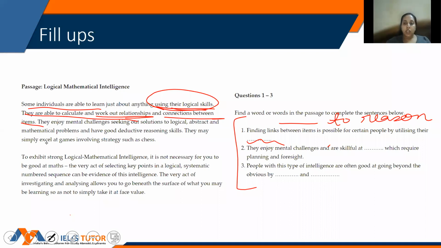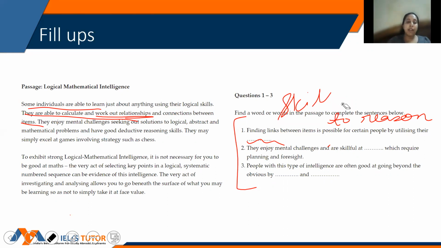Skills to reason. Now, sometimes in our fill-ups, when you have a collocative word, logical skill, it is a collocation, which is used together. They give one part, they paraphrase one part, but the other part they leave like that. Now, what students do in most of the cases, they pick the word as a whole and write it as the answer.